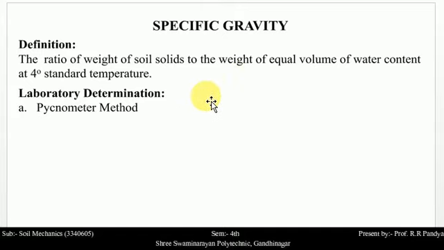The laboratory test for specific gravity is the pycnometer method. For sand, we can use the pycnometer method, and to find the specific gravity of fine soil like silt and clay, we can use a density bottle.